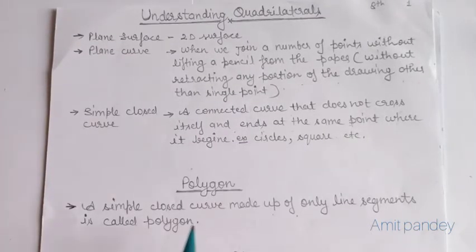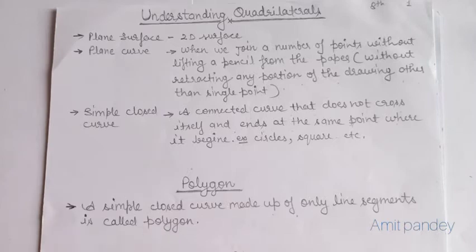Now students, our next topic is polygon. It is a Greek word: poly means many and gon means sides. A simple closed curve made up only of line segments is called a polygon. A circle is in a curved form, not line segments.